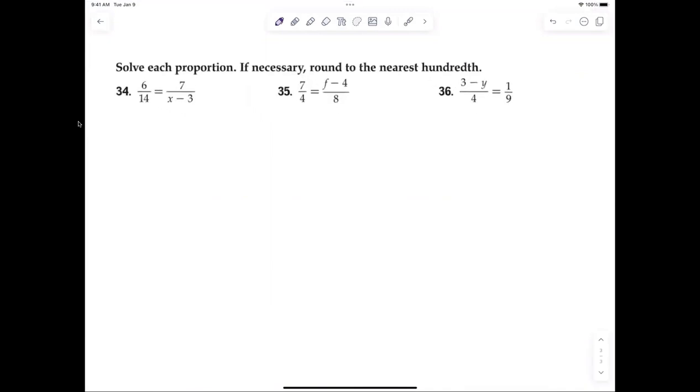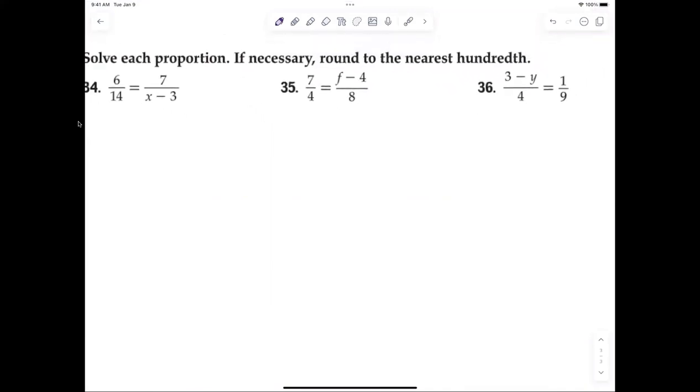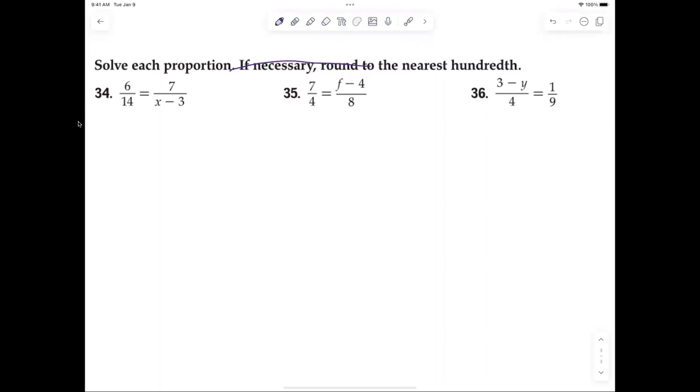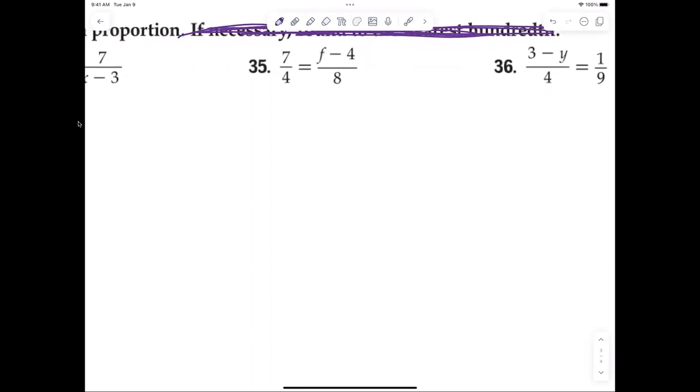All right, here we go. 35. Do we ever round? No, we never round. We always leave it as a fraction. All right, so let's cross multiply here. 4 parentheses, f minus 4 equals 7 times 8 today is 56. Should I distribute the 4 this time?